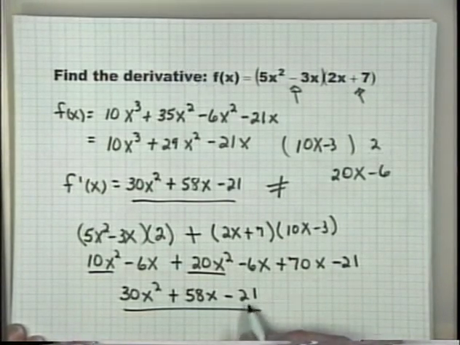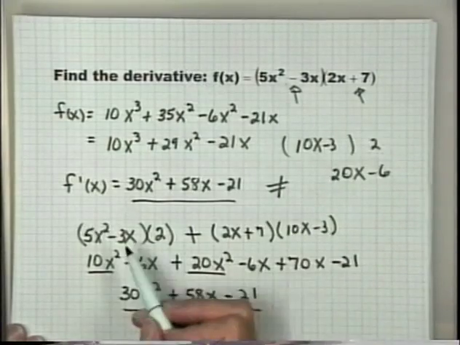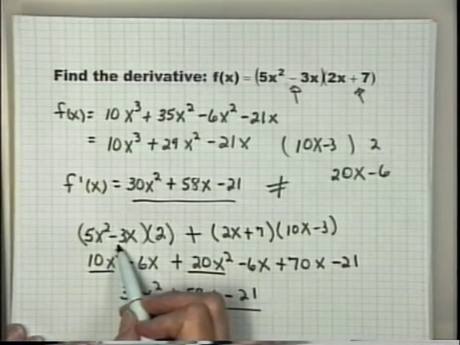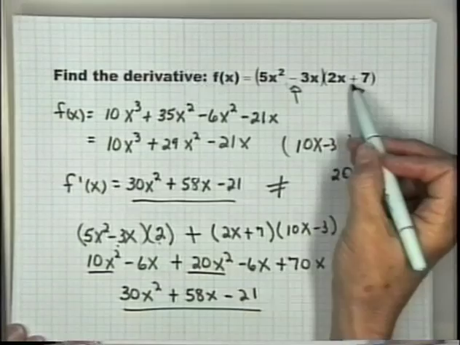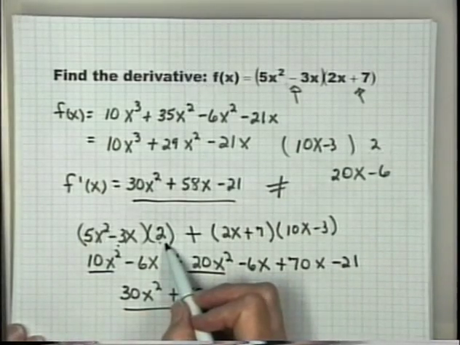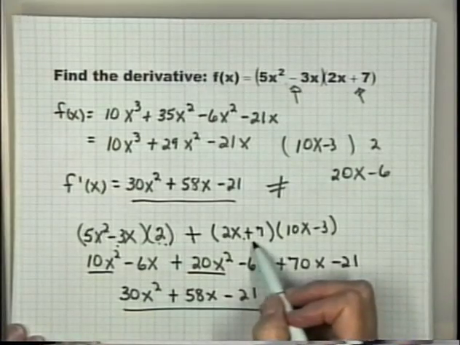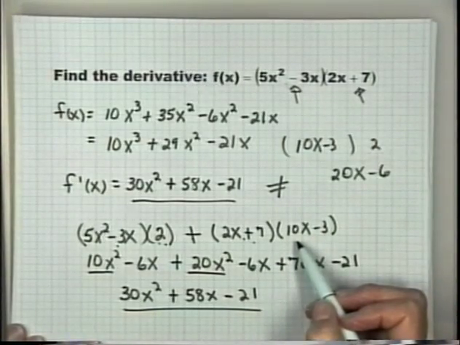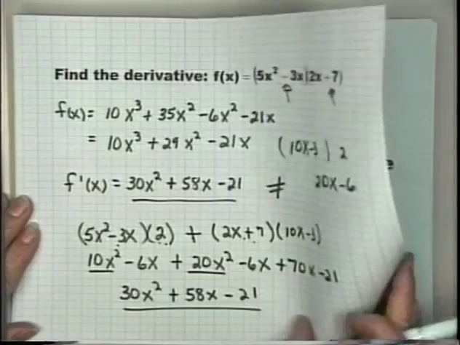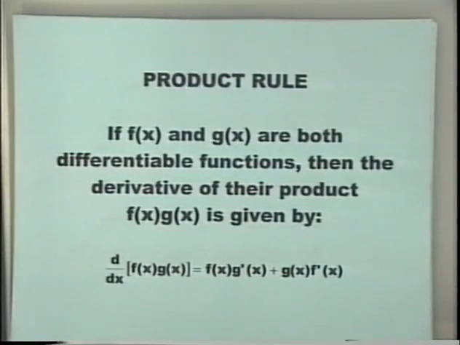Now let's look at what we did. We took the first function exactly as it was written. We multiplied times the derivative of the second function, and then we added the second function, like it was written, times the derivative of the first one. That gives us what is called the product rule for finding a derivative.